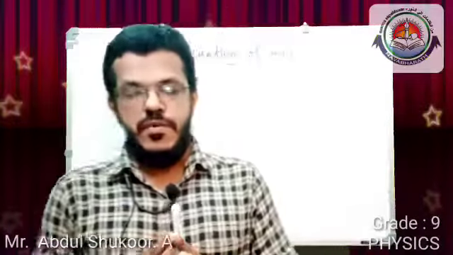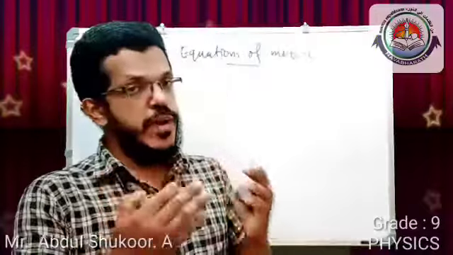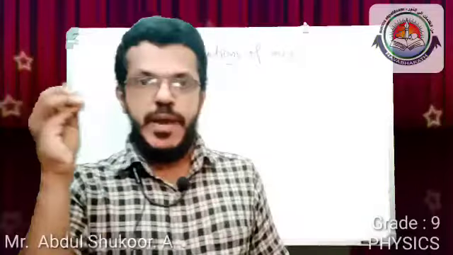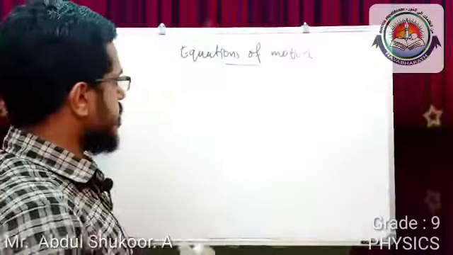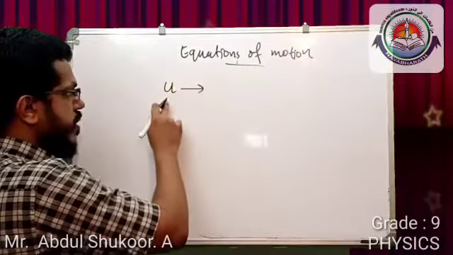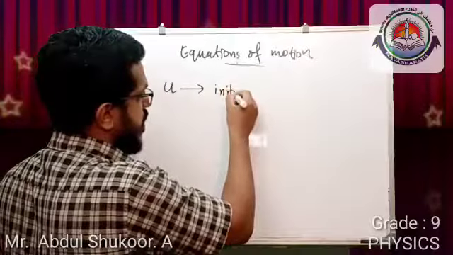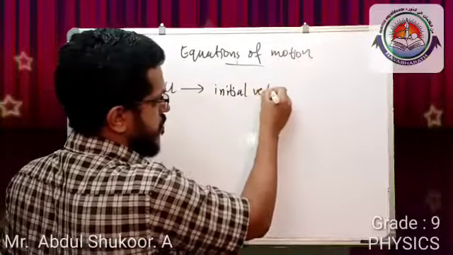Imagine a body moves with a uniform acceleration. The body starts with a velocity u, that is known as the initial velocity.